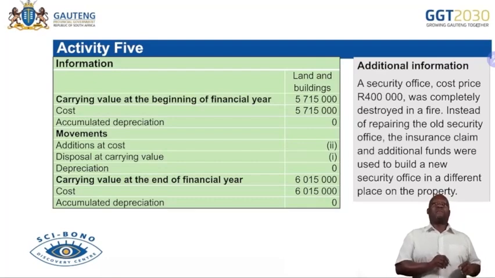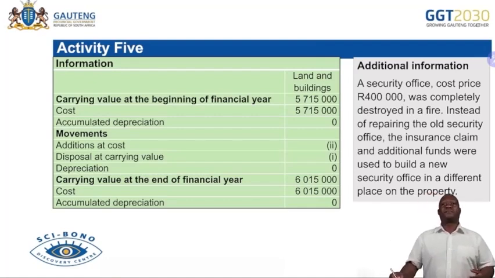If it is completely destroyed in a fire, it means we are losing all of the 400,000. Disposal. Remember, when we lose, when we give away, when it's gone, whatever happens, that's disposal. We are disposing 400,000 here. Hope you get my drift.